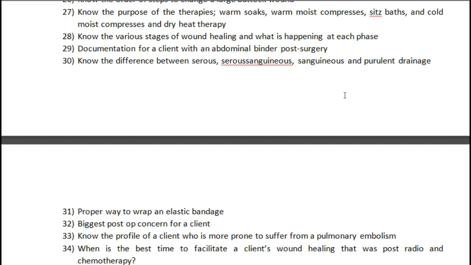When the wound involves loss of tissue, these heal by second intention. And the hemostasis phase is the stage that controls bleeding. That's pretty much what I want you to know about that.